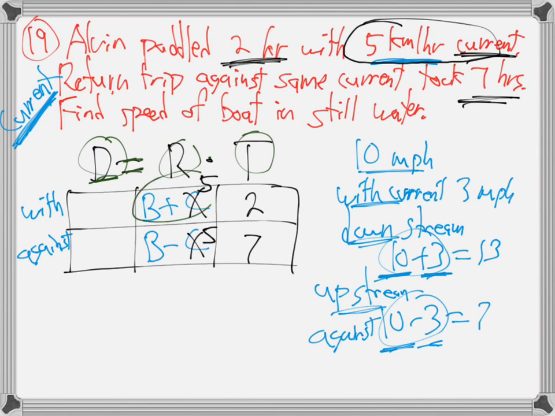So it's R times T. So I'm going to put the 2 in the front: 2 times B plus 5, and 7 times B minus 5. Does that make sense? I just multiplied those, because it tells me how these boxes relate to one another. The D box always equals the R box times the T. So the D is R times T and the D is R times T.